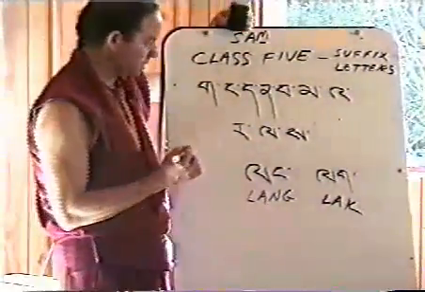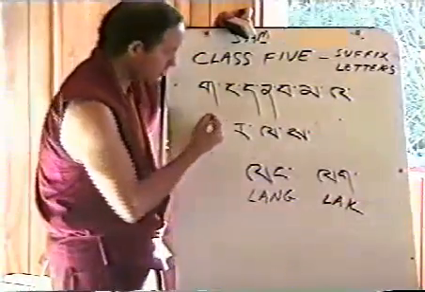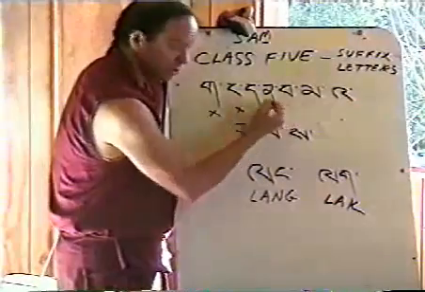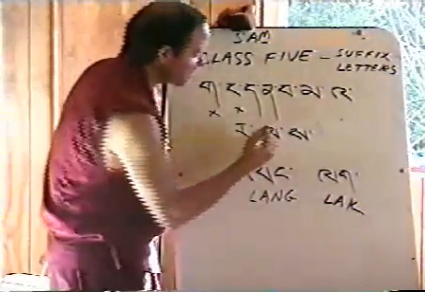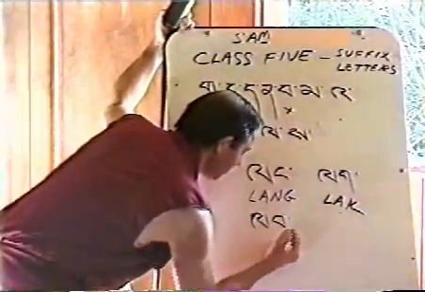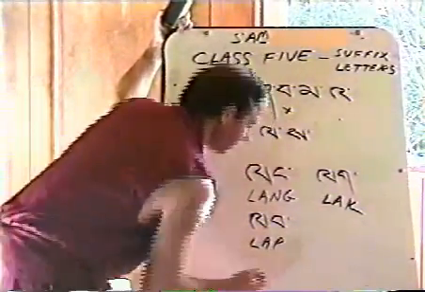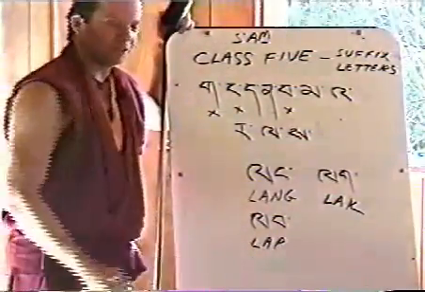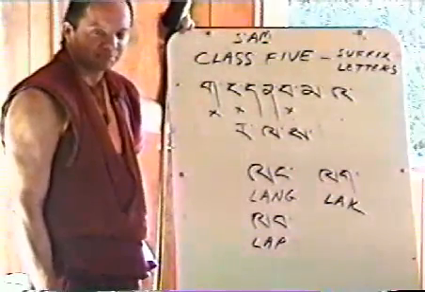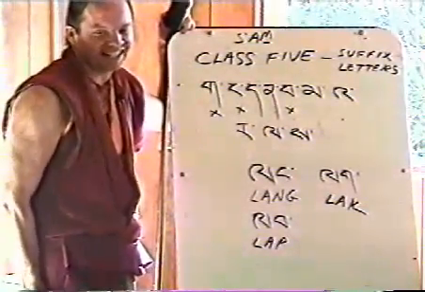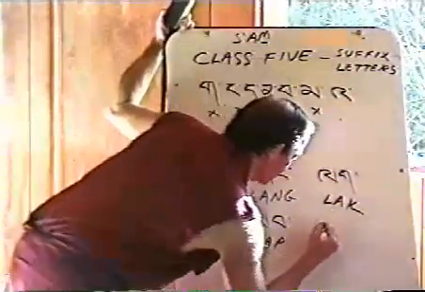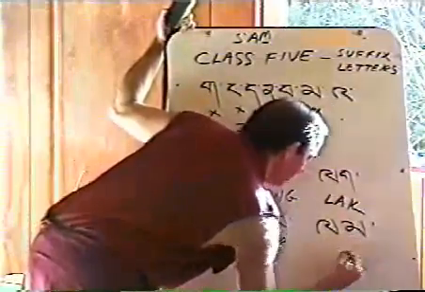I'm going to mark all the normal ones. Let's put it like this, these are normals, okay? We skip these two because they're abnormal. Okay. Let's go to lup. Whether you put a P or a B here, you can fight about it. I don't know. I'm not very consistent. Lup. Sounds like P to me today. This one's easy, right? Lam rim.